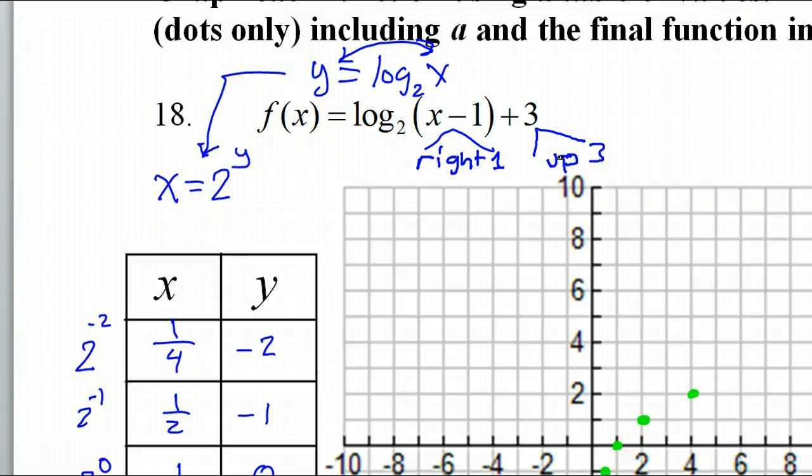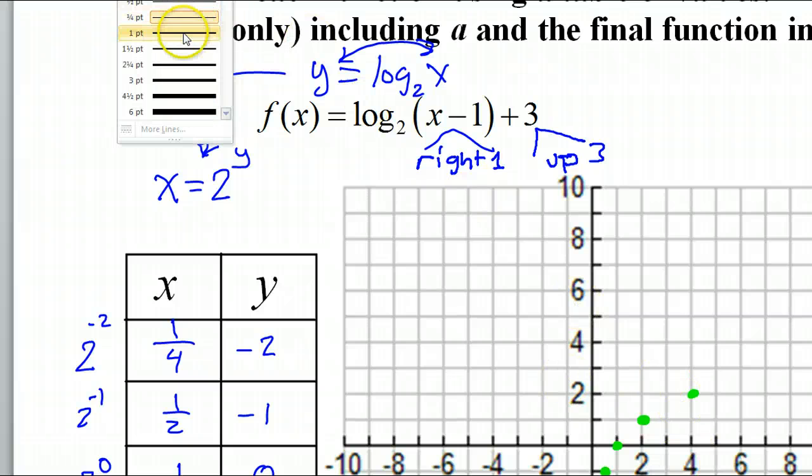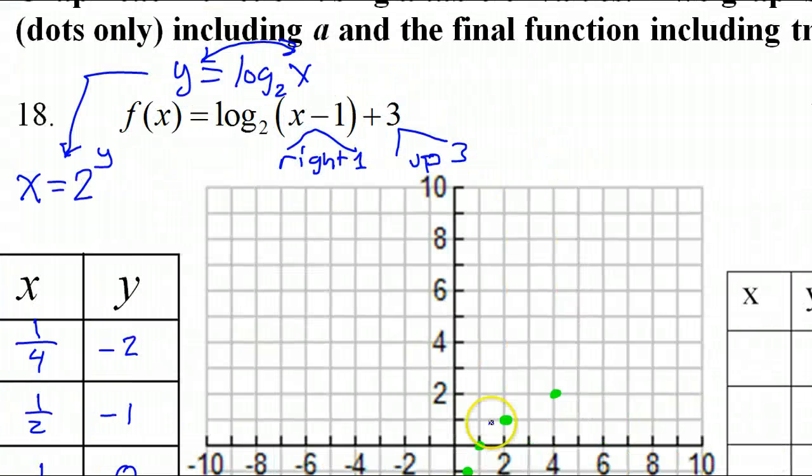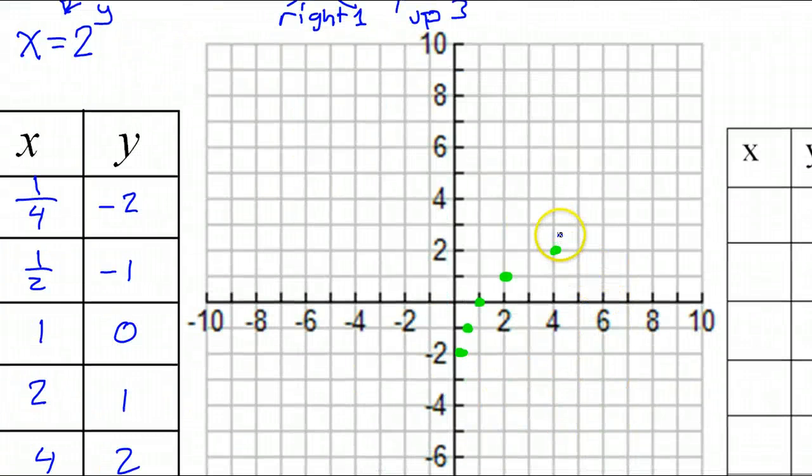So we will go right 1, up 3 with all of these points here. Right 1, up 3.